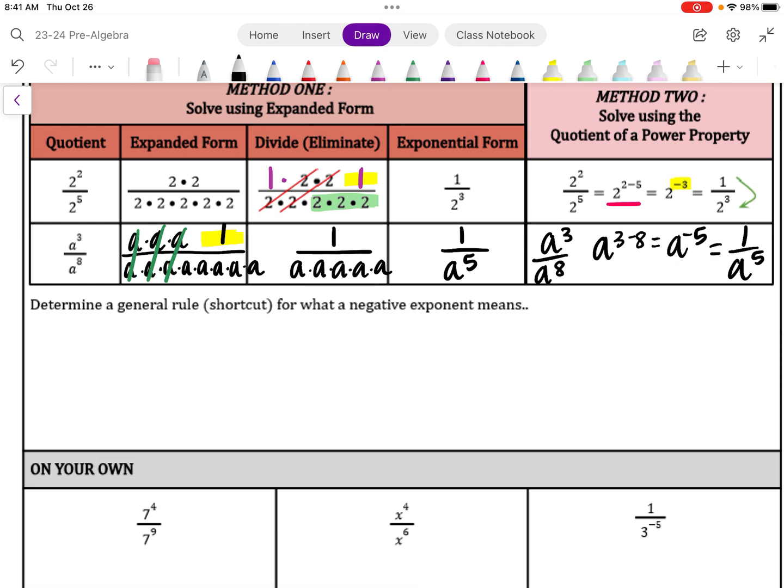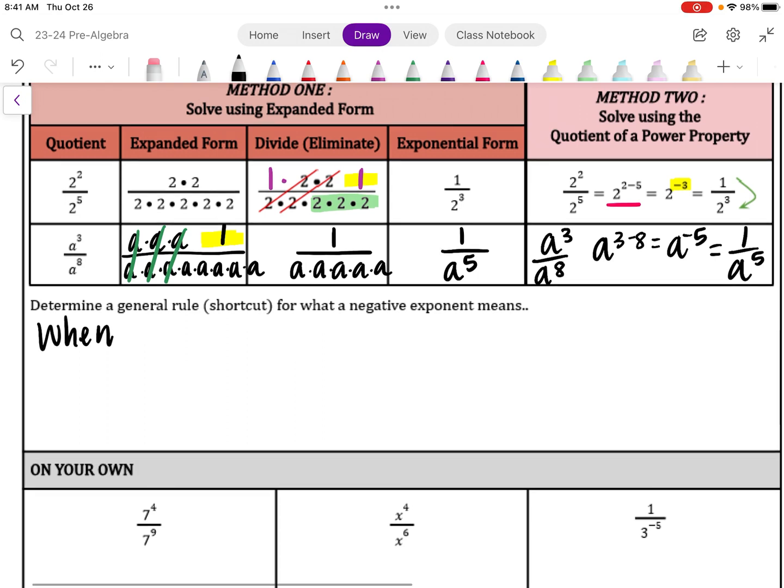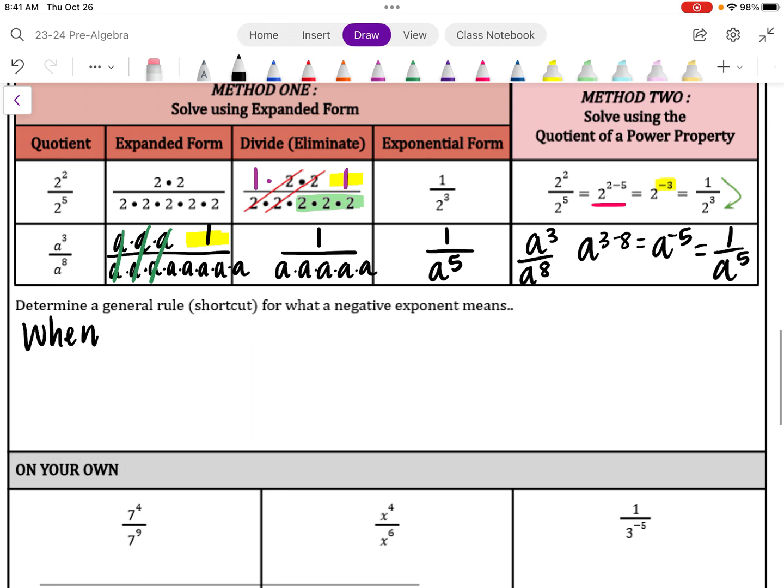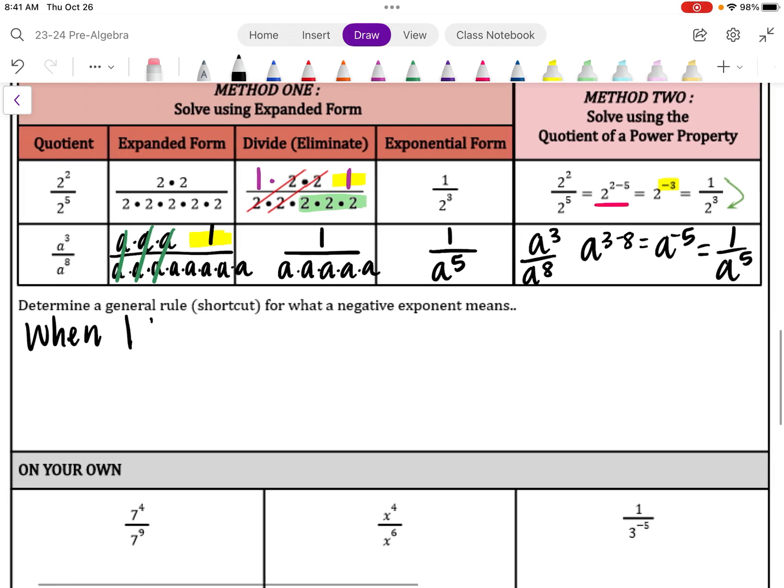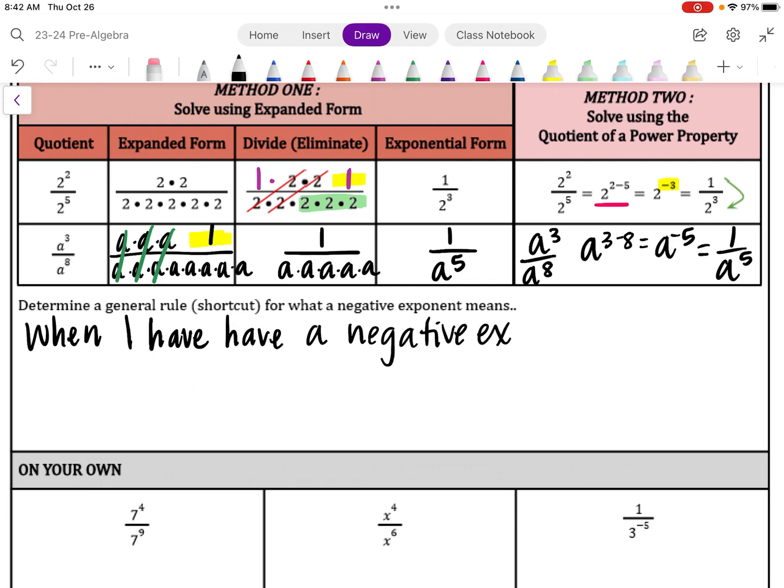So a general rule for what a negative exponent means. We'll think about this as what do we do when we have a negative exponent? When I have a negative exponent, it creates a fraction.